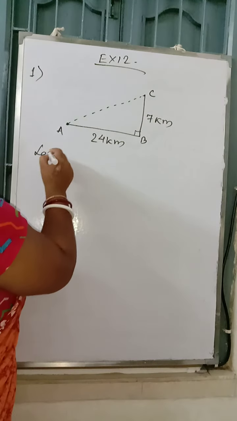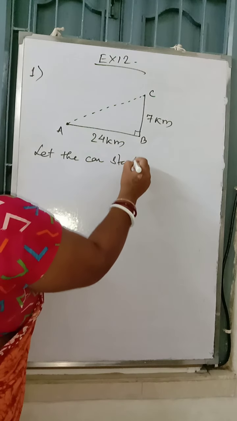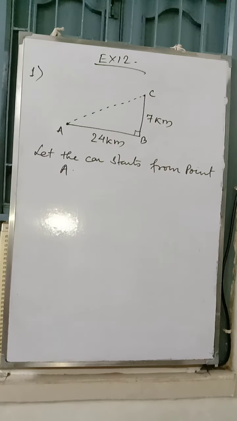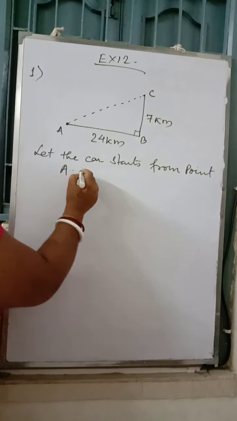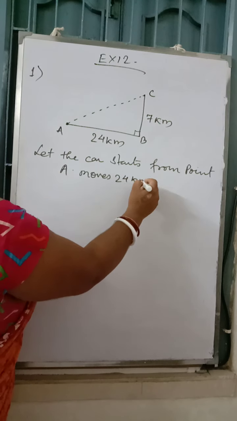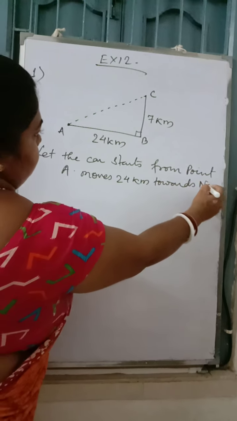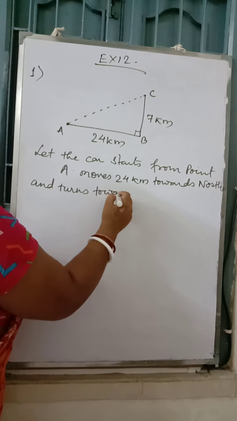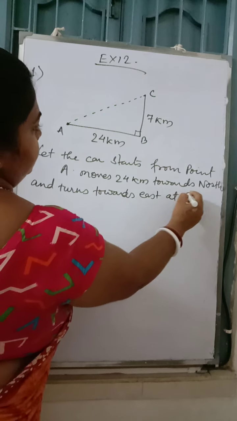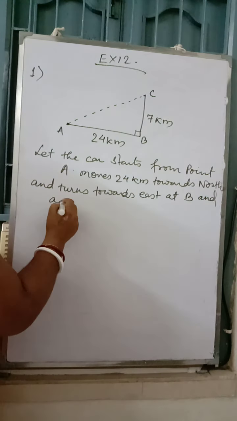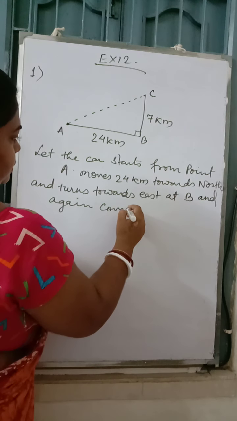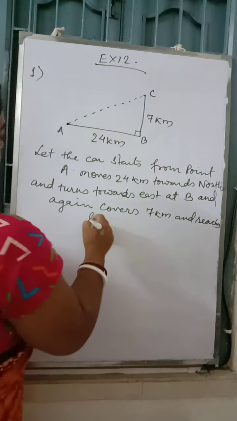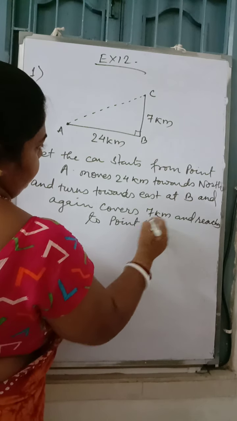So we write here, let the car start from point A, moves 24 km towards north and turns towards east at B, and again covers 7 km and reaches point C. Is it?